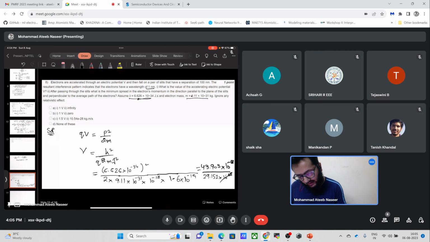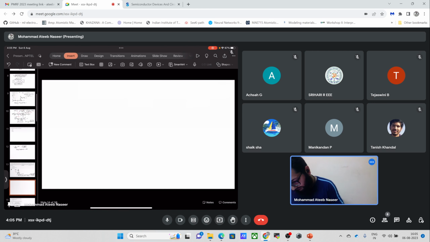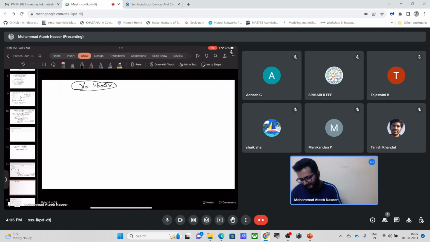So this thing and this thing will go, and we will be left with 43.903 divided by 29.152, which would be 1.506. So this value is coming out to be approximately 1.506 volts.